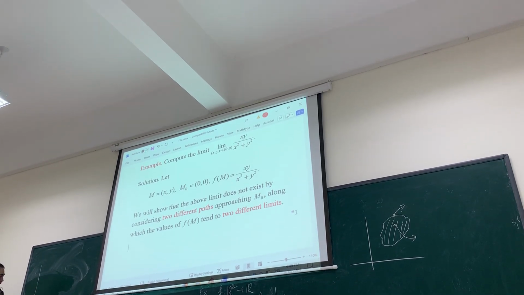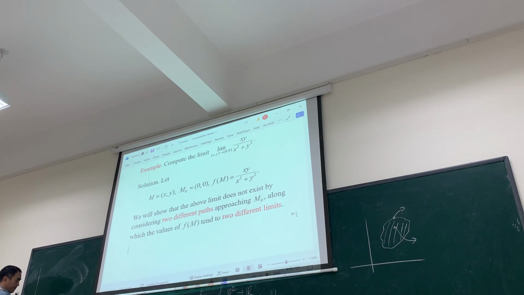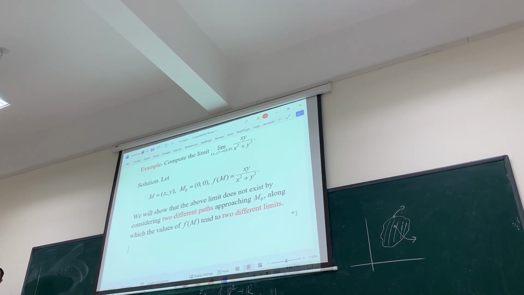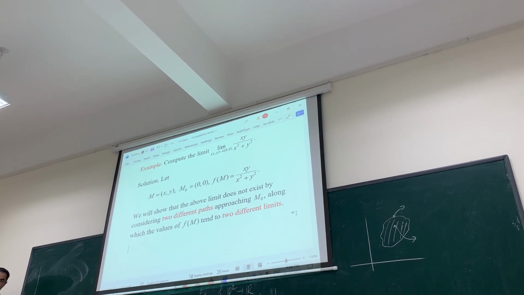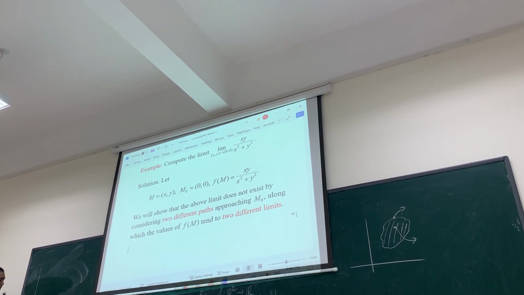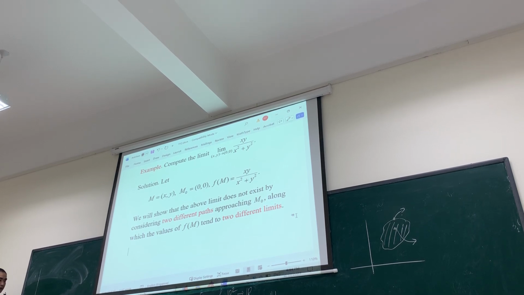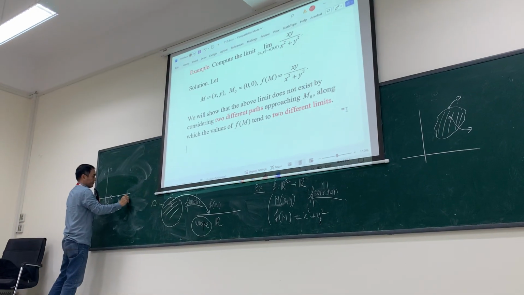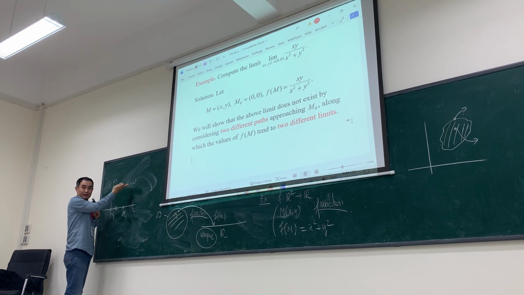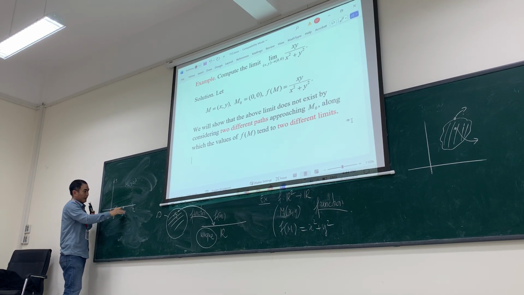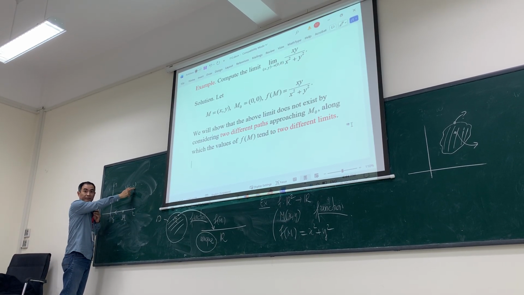The first: if we take m tending to n0 with m belonging to the x-axis, then m has this form: (x, 0).